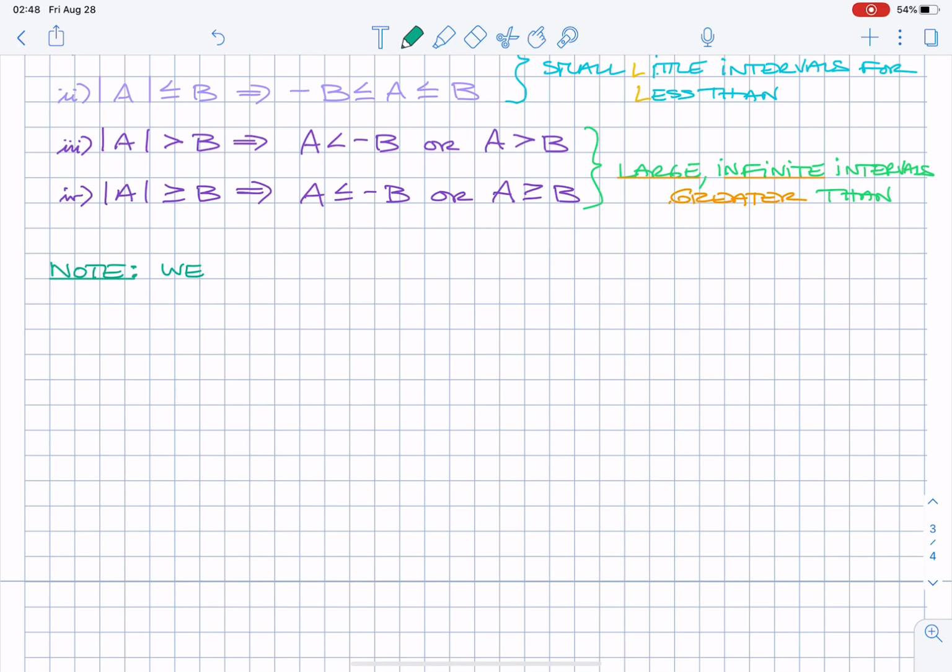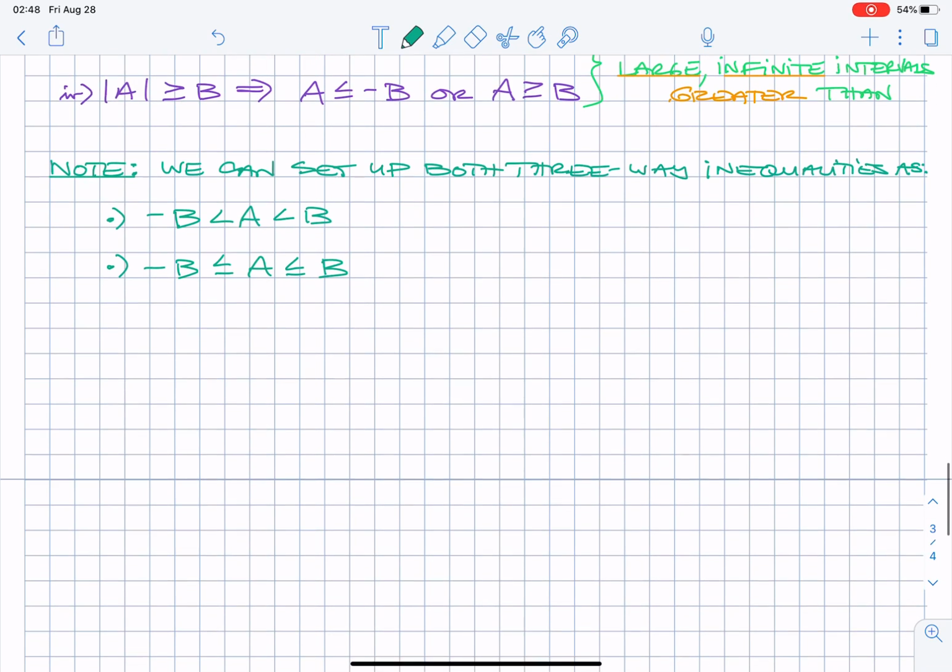So we can set up both three-way inequalities as negative b less than a less than b for the first case, and negative b less than or equal to a less than or equal to b for the second case.